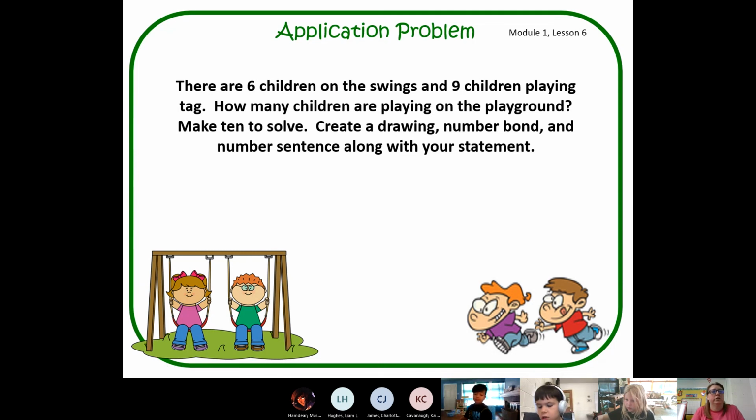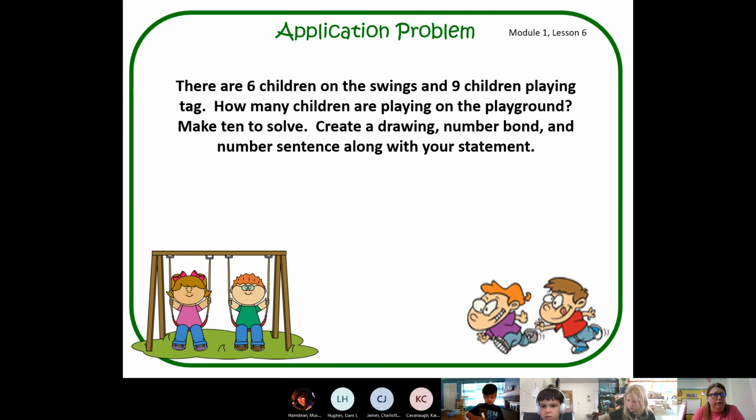So there were 6 children on the swings and 9 children playing tag. How many children are playing on the playground? Let's try not to do a picture today. Let's do just a number sentence. So write the number sentence for that.